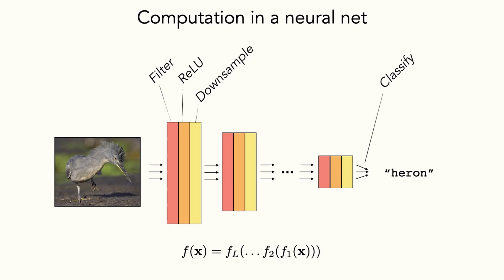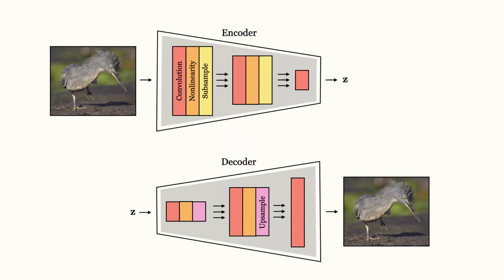But another really common structure in using convolutions is what we call an encoder-decoder architecture. Here you take that input and do convolution, nonlinearity, subsampling or downsampling to get down to some very low dimensional representation, for example, this Z space vector.